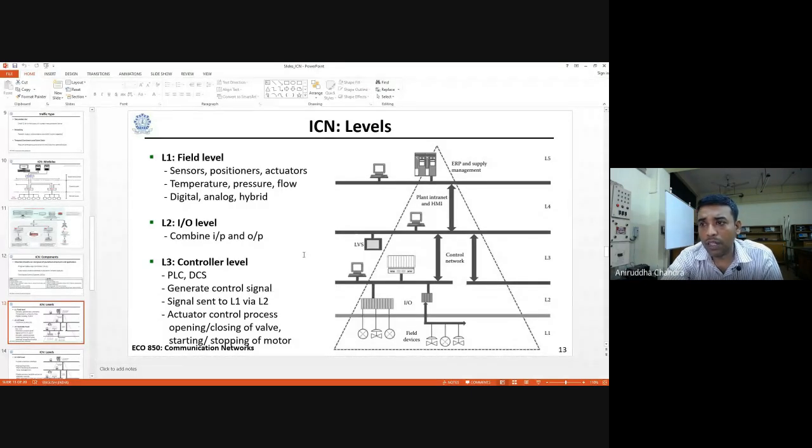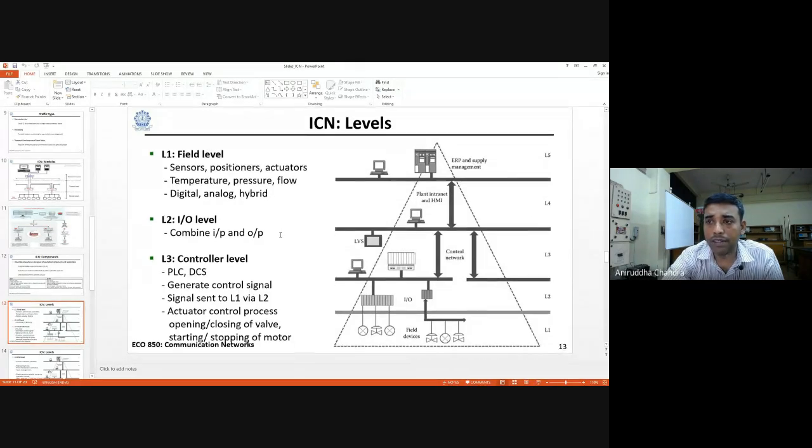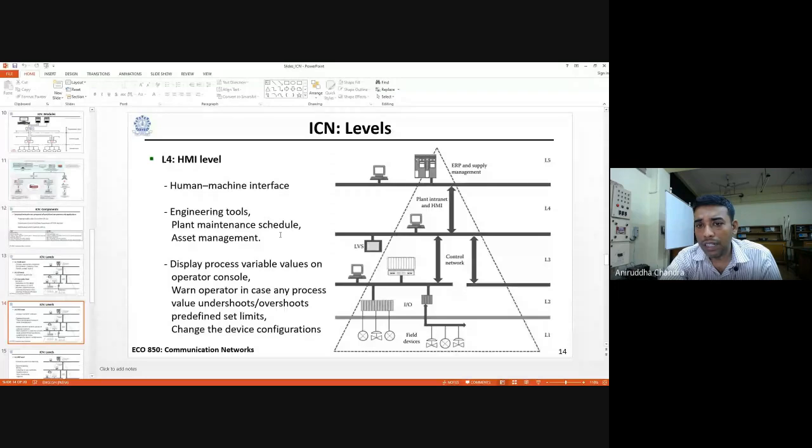Now let us talk about the higher levels, like the HMI and the even higher level, where the management is involved. In the next level, we are going to talk about the L4 level. This is the L4 level, which is going to connect to these PLCs or DCS. This HMI level is the human machine interface level. Below this, it is all machine to machine.